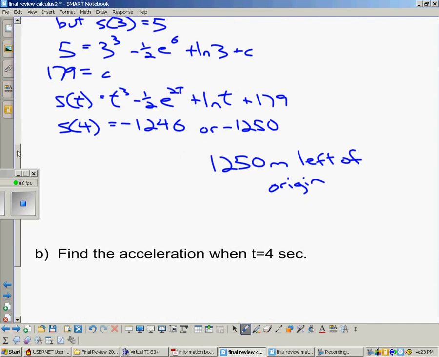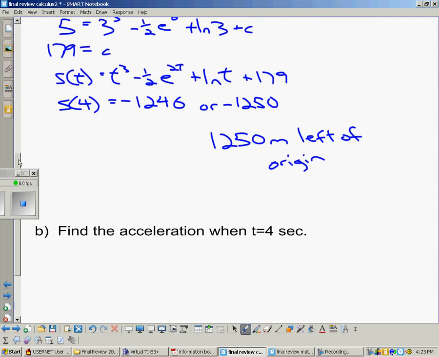Find the acceleration when t equals 4 seconds. So we knew that v at t was 3t squared minus e to the 2t plus 1 over t. If we want the acceleration, that's the derivative of velocity.